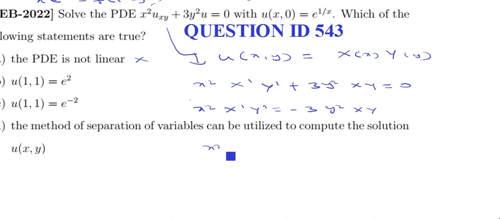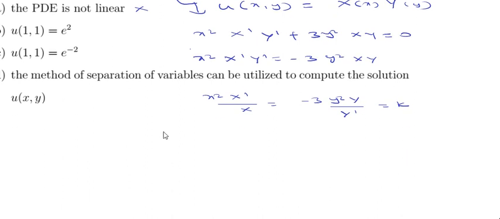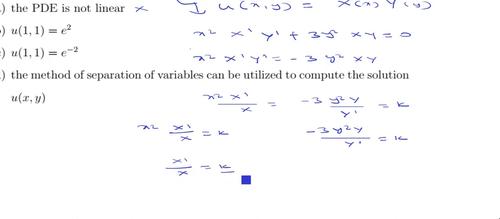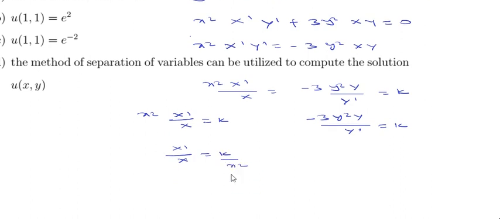So we will separate the variables. x square X dash by X equal to minus 3 y square Y by Y dash. So this is equal to some constant k. So now x square X dash by X equal to k and minus 3 y square Y by Y dash equal to k. So X dash by X equal to k by x square.